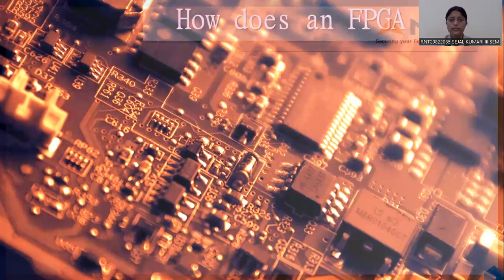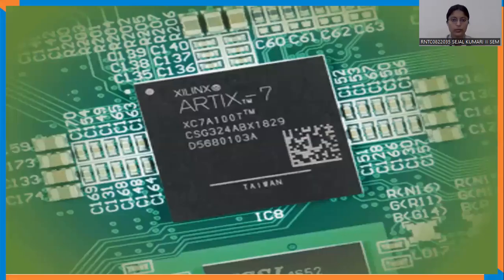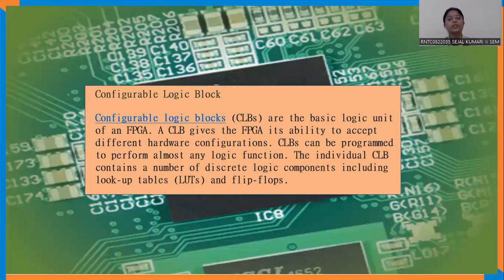There are basically two critical aspects of it which allow it to get programmed. The first one is the configurable logic block, which is the basic logic unit of it, and it gives the FPGA the ability to accept different hardware configurations. So we can program it.